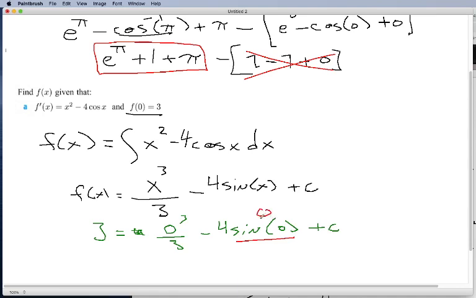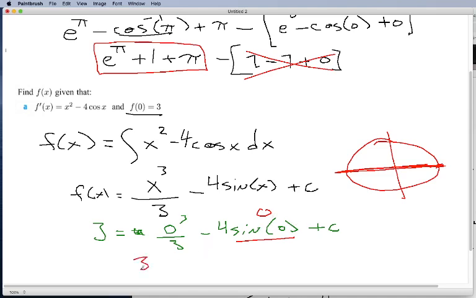People think it's 1. I don't know why. If you do the unit circle and you ask yourself, at 0 degrees, what is the sine value? What is the y coordinate? Well, here, the y coordinate on this line is 0. So at 0, pi, 2 pi, this sine is always going to be 0.